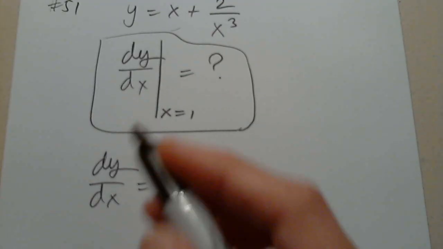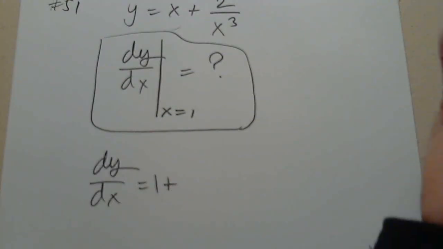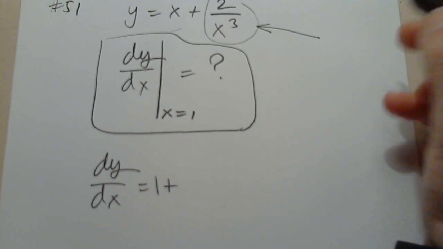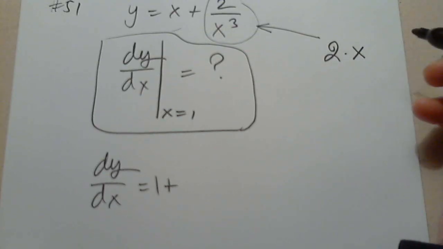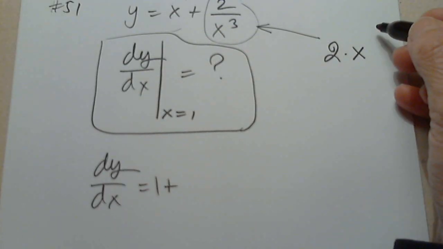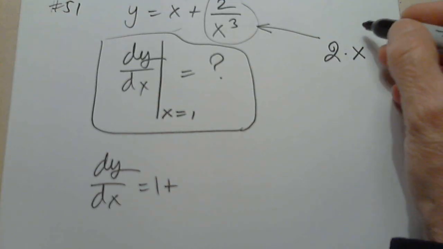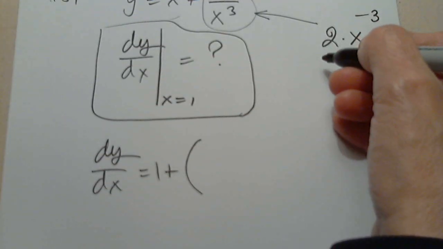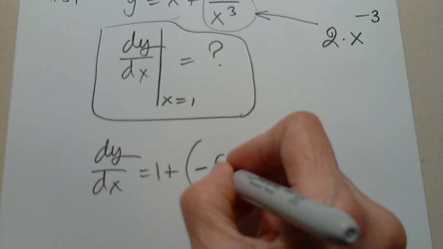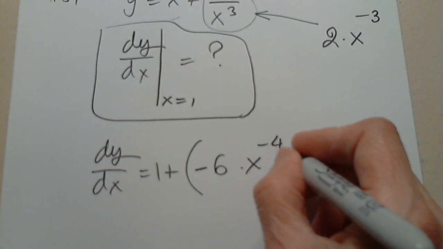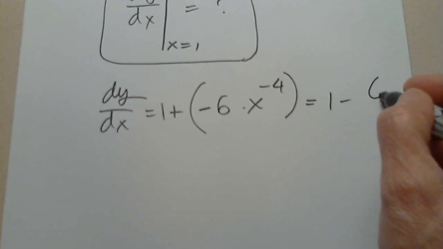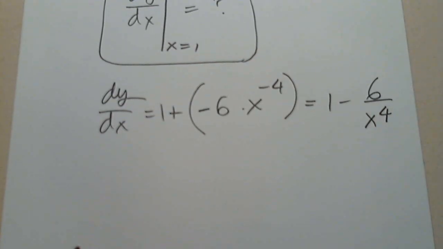So we have 1 plus, well, this has to be changed into 2 times x to which power again? -3. Excellent. So then when I differentiate, I'll bring down -3 as a factor, so I have -6 times x to -4. Or 1 minus 6 over x to the 4th power.